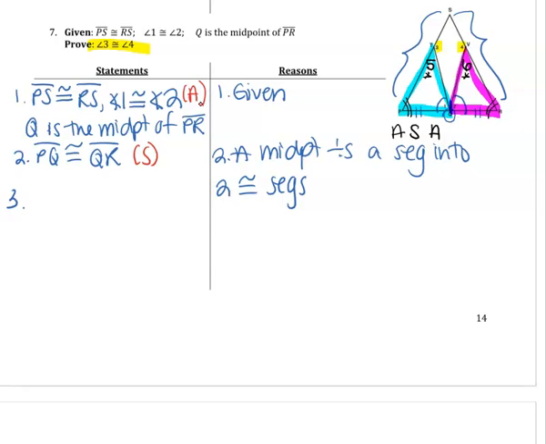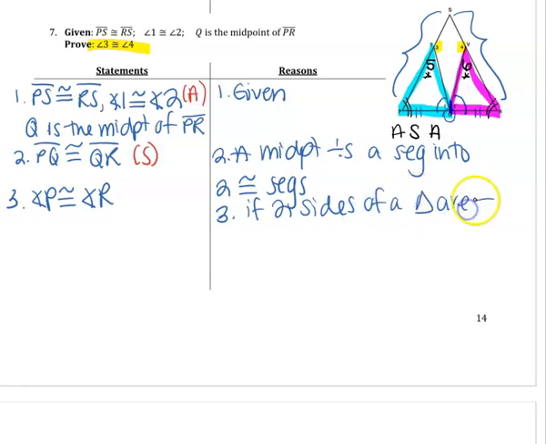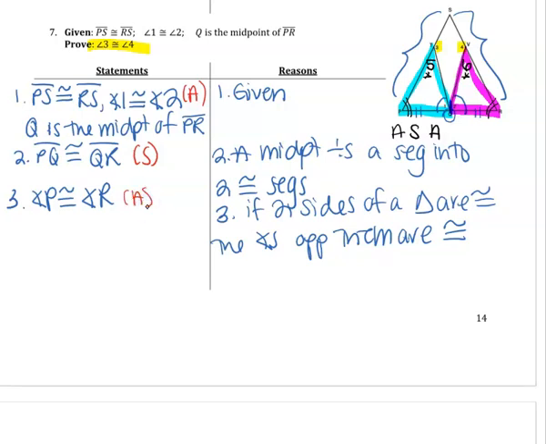They gave me angle 1 and 2, so that helps me. All right, so now I have to talk about the other angle. So that would be P and R. All right, awesome. Okay, so now I have angle side angle in my proof.